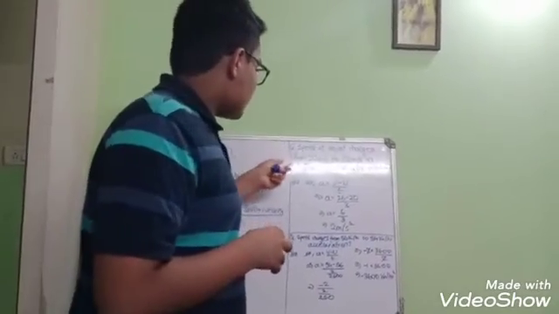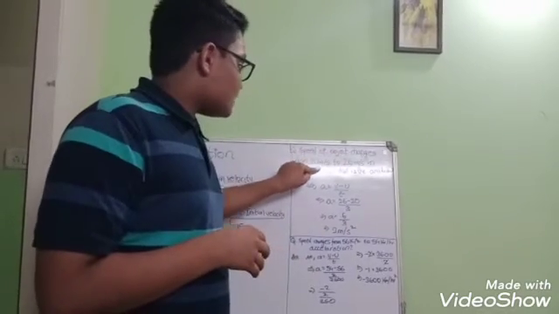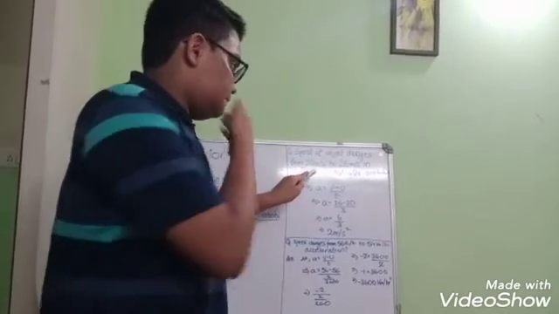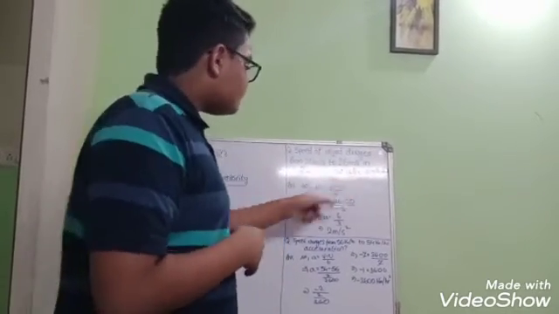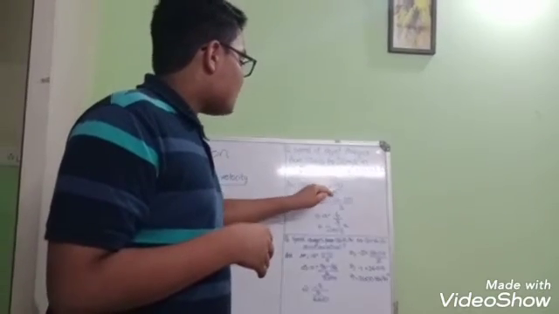The first example is, the speed of the object changes from 20 meter per second to 26 meter per second in 3 seconds. What is the acceleration? We know that a is equal to v minus u by t.